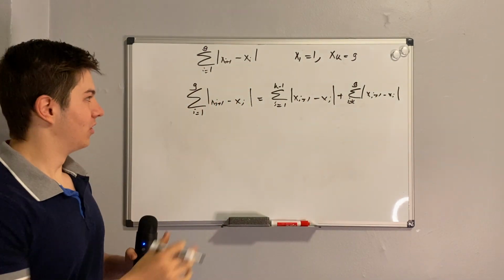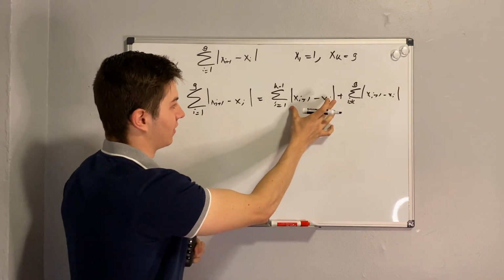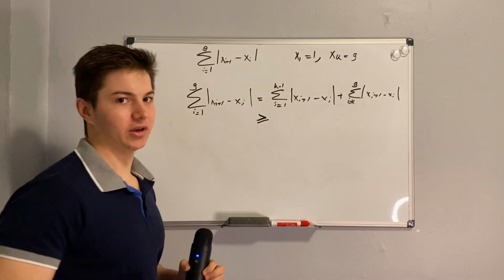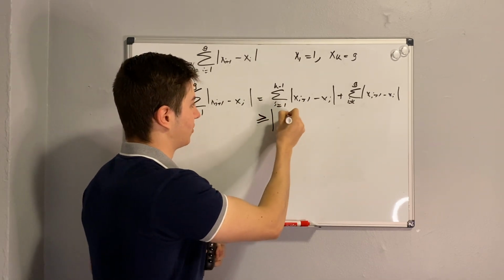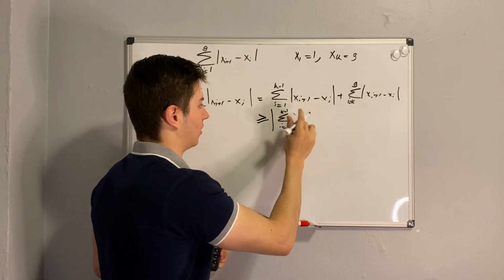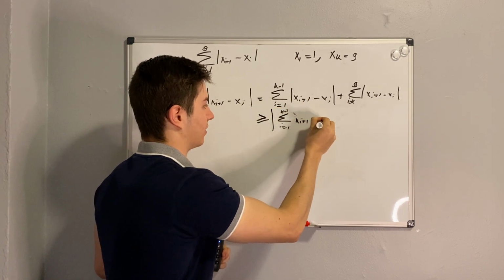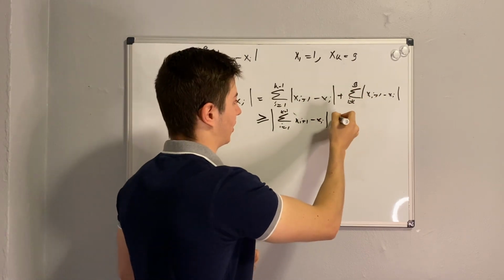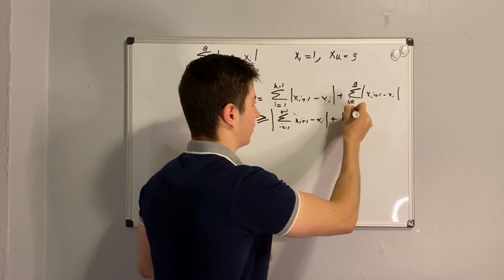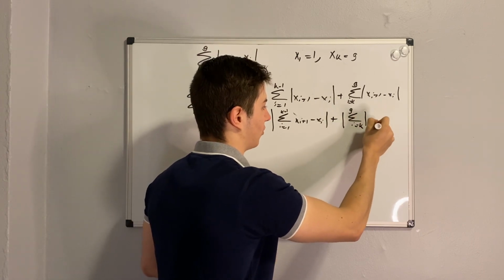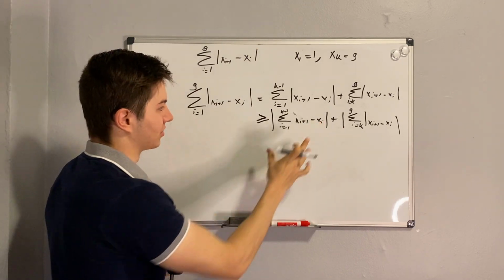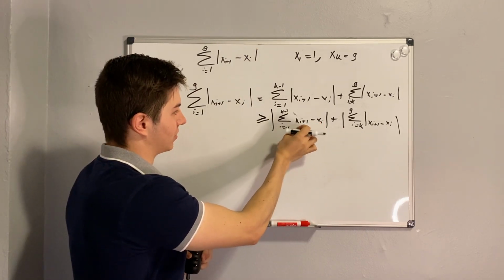Now let's use the triangle inequality to take these absolute values outside of the sum. By the triangle inequality, this is greater than or equal to the absolute value of the sum from i equals 1 to k minus 1 of x(i+1) minus xi, and same thing here, we can take the absolute value outside, i equals k to 9 of x(i+1) minus xi. Now, what is this term? Well, you'll see that this is x.